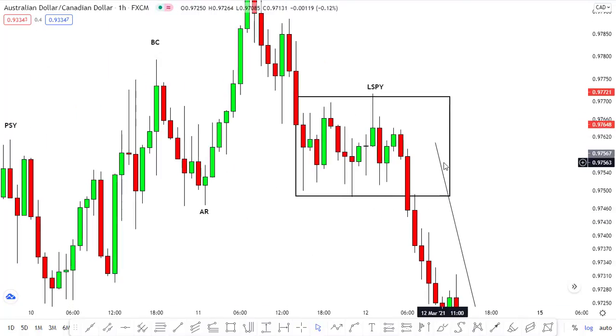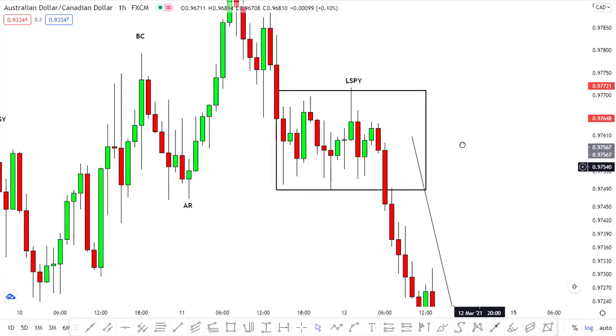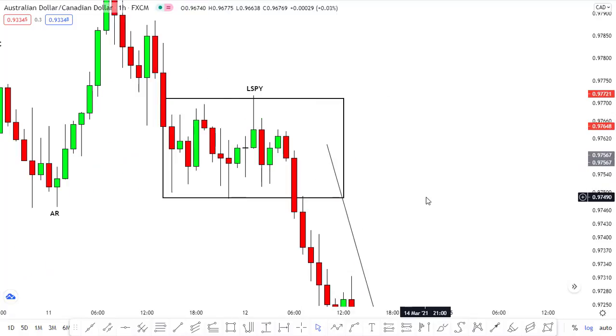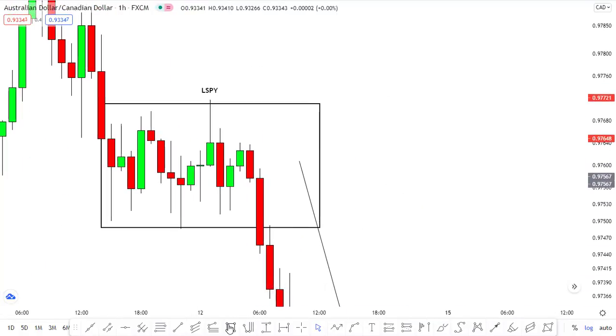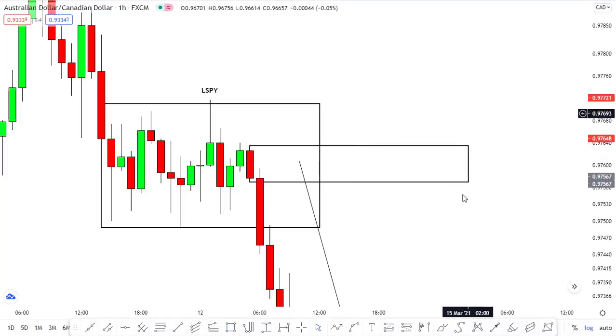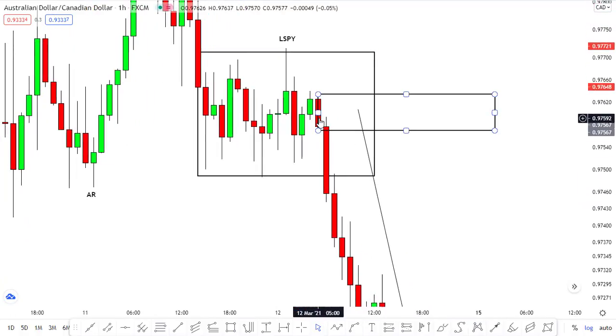Where would be the exact last point of supply? Right here. If you ask me, I would easily tell you that that level is somewhere like here. Why? Because this is where the momentum came into the market, and this is where we had one of the strongest and biggest bearish candles.